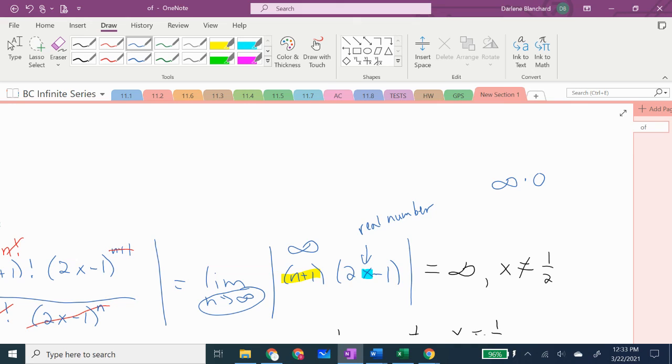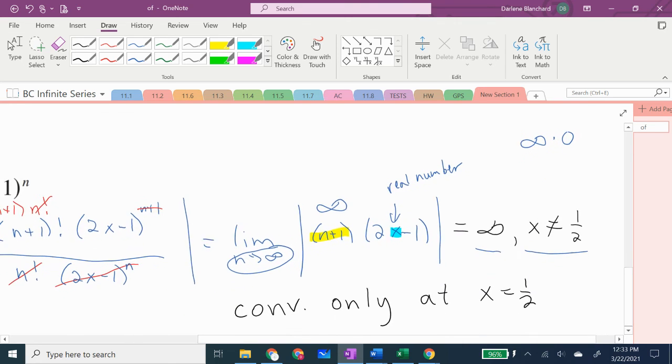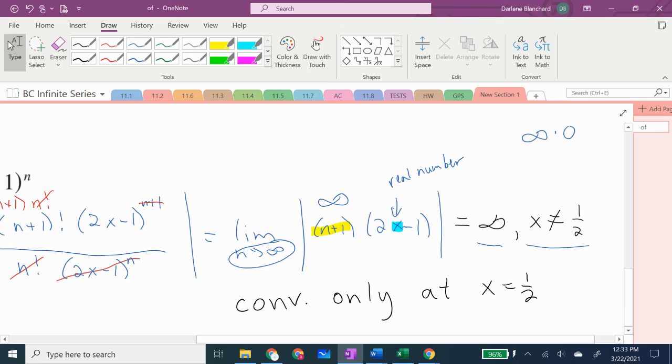And we looked last week at the fact that it always converges at the center. So realize the answer is infinity as long as x is any real number other than 1/2. And then you're expected to know that it converges at the center. The radius of convergence is 0. And the interval of convergence is just that.